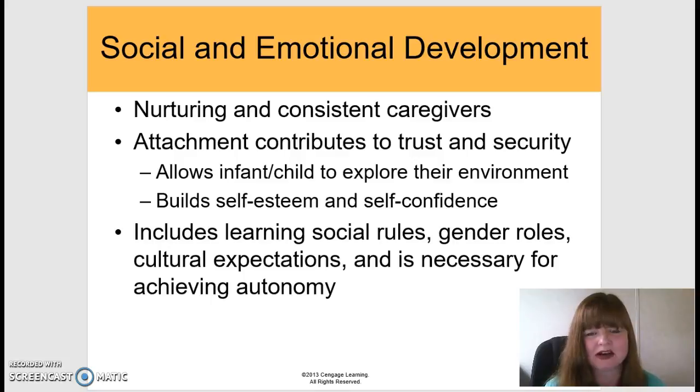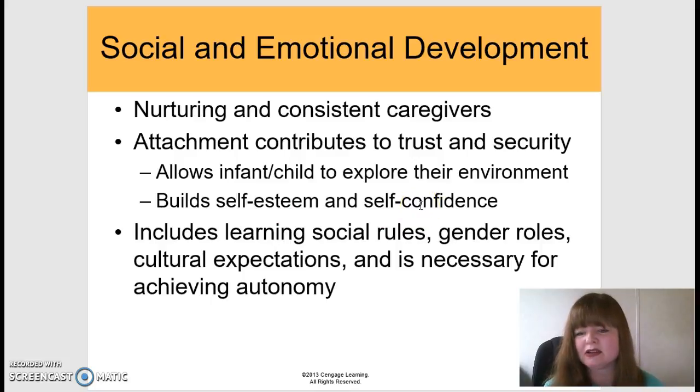Social and emotional development is where our nurturing and consistent caregivers come into play. We know the importance of this. Attachment contributes to trust and security, and once a child has established trust with their caregivers and security in their environment, they can then learn to explore their environment, build their self-esteem, build their self-confidence.